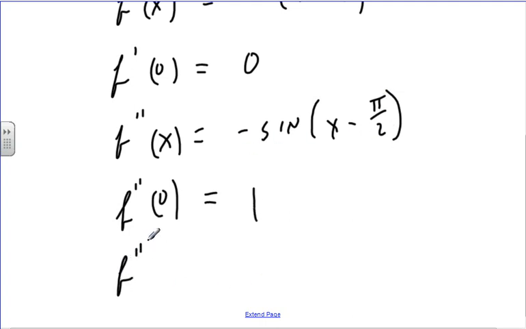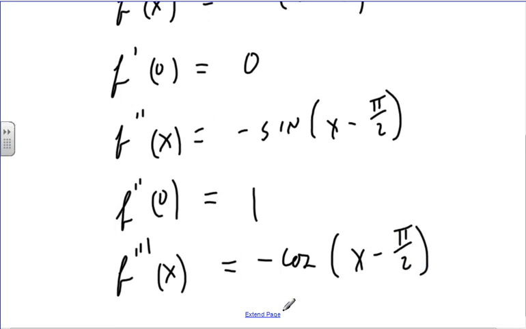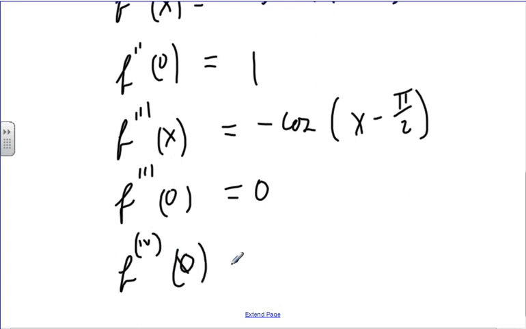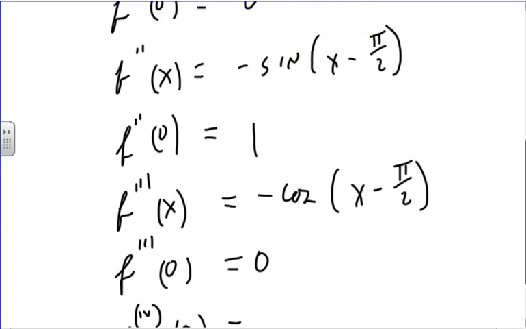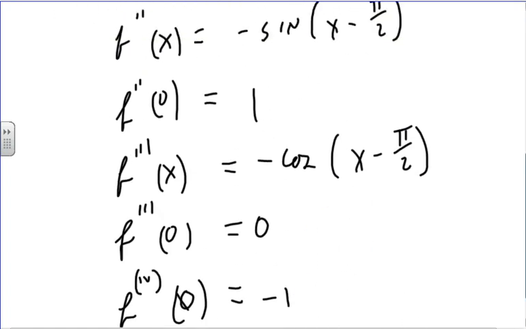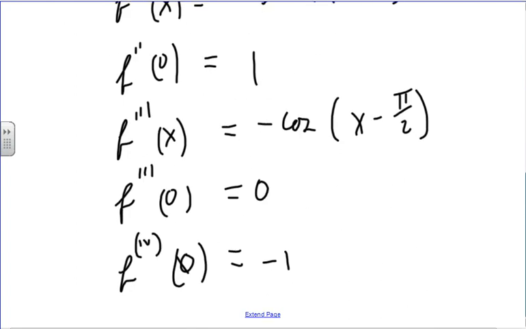F triple prime of x is minus cosine of x minus pi over 2. F triple prime at 0 is 0, and the fourth derivative at 0 is going to go back to what the 0th derivative was, which was minus 1 again. All right, so we're going minus 1, 0, 1, 0, minus 1.